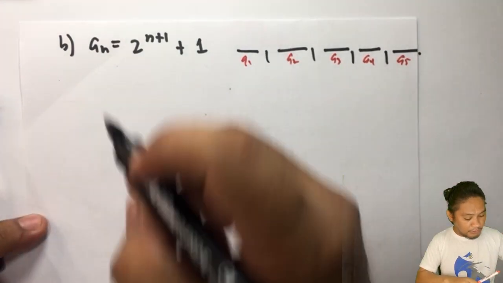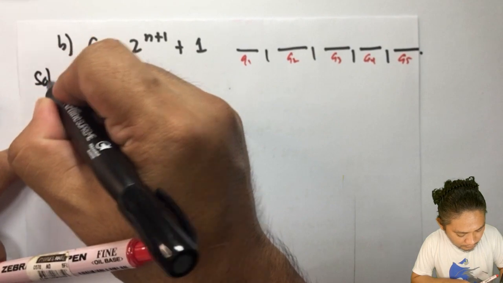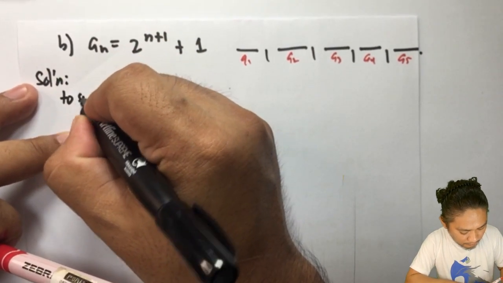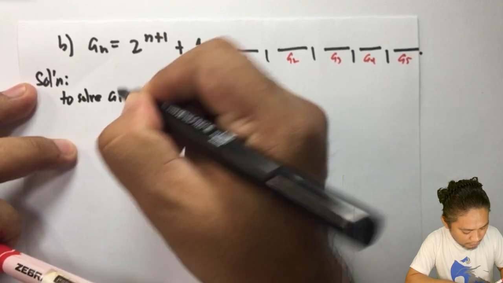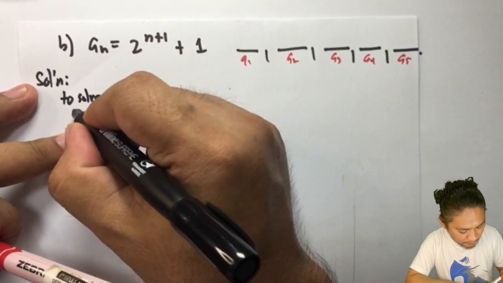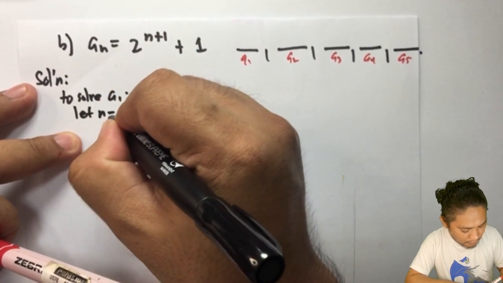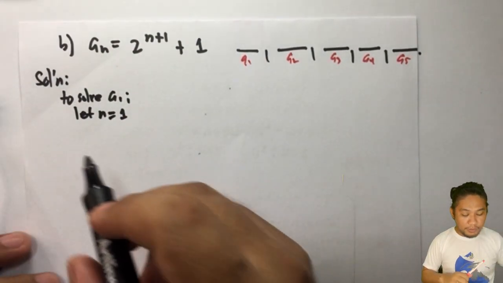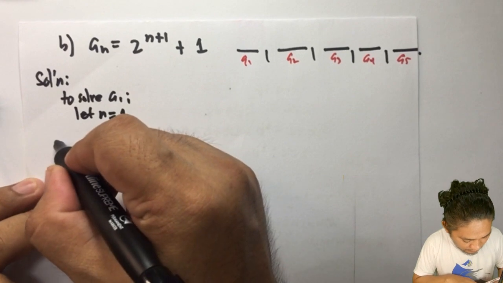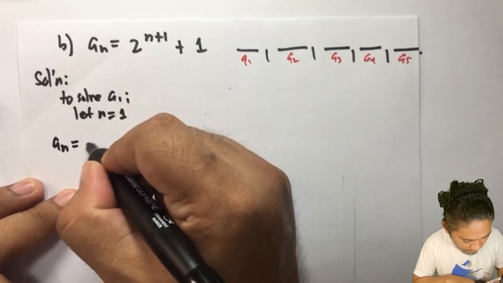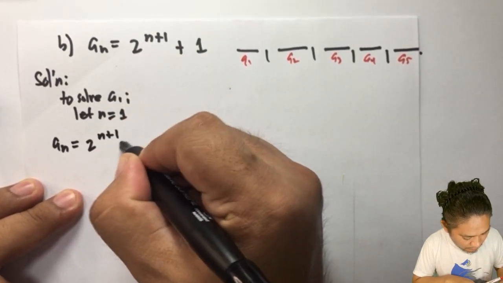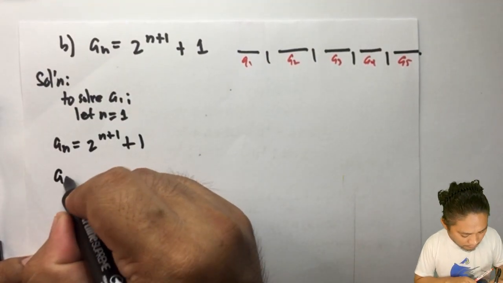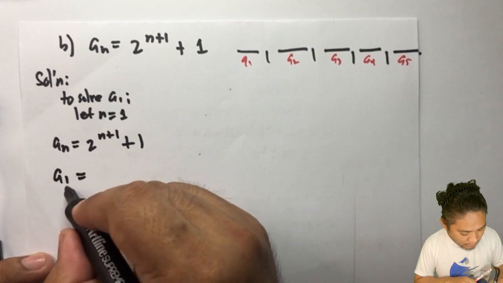Now to solve for our first term, let n be equal to 1. I'm going to copy the expression 2 raised to n plus 1, plus 1. So let n be 1. So our first term is a sub 1, of course.